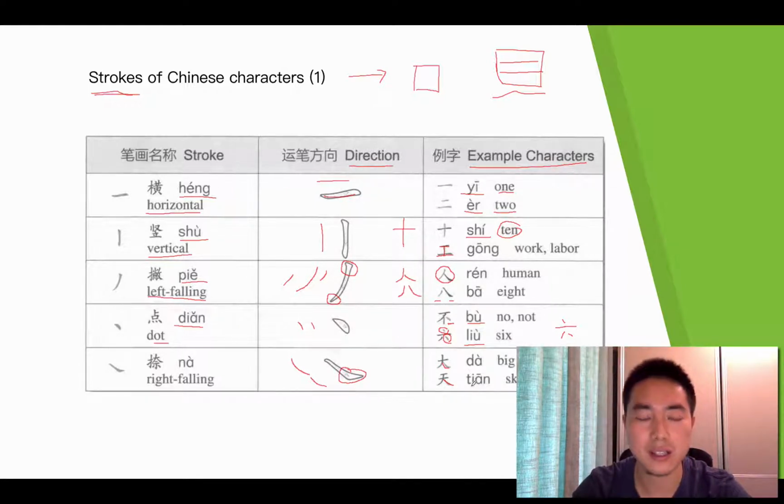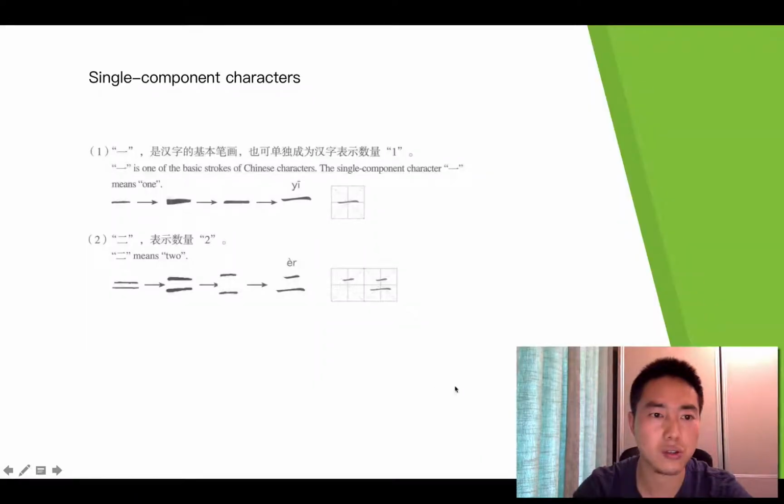Now we're going to look at some characters with these strokes too. The first character is 一, we just learned. 一 is one of the basic strokes of Chinese characters. The single component character 一 means 1, so it's just a horizontal, right? If you remember, it's called heng, that is 一. And the second one is 二. 二 here means 2. There are 2 hengs, 2 horizontals.